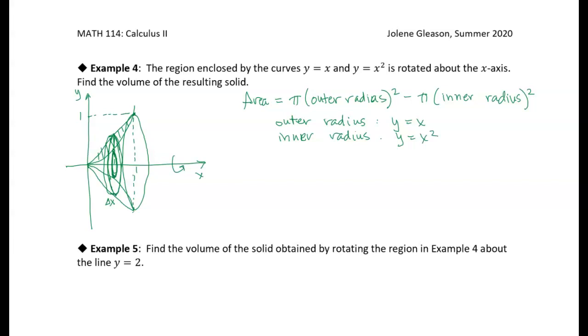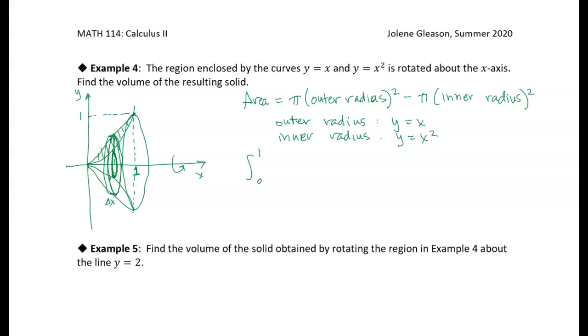Okay, and so we're going to integrate. We're integrating in the x direction, right? And we said that this is 1, right? This is the number 1. So we're going to integrate from 0 to 1 because the two curves intersected at 1, comma 1.